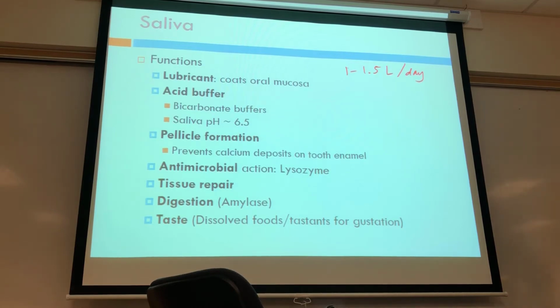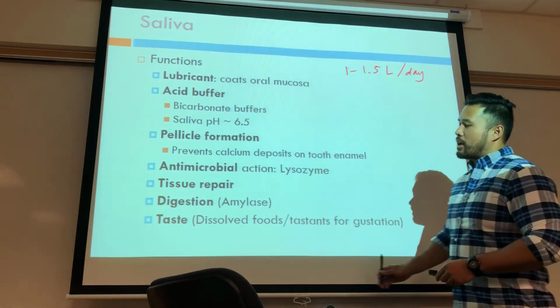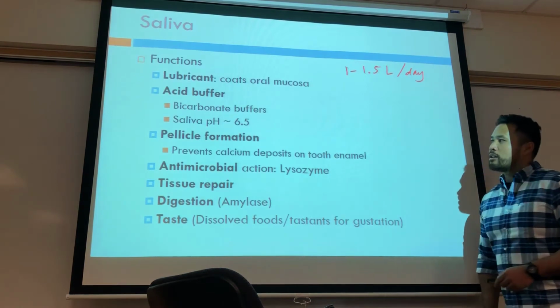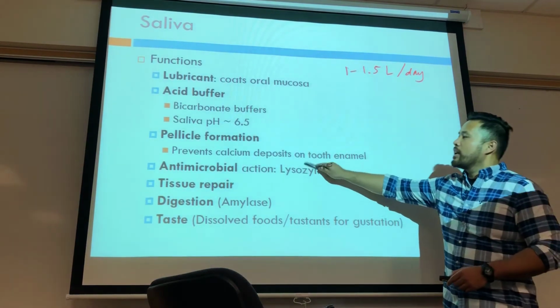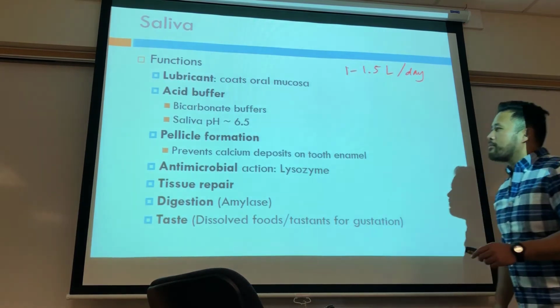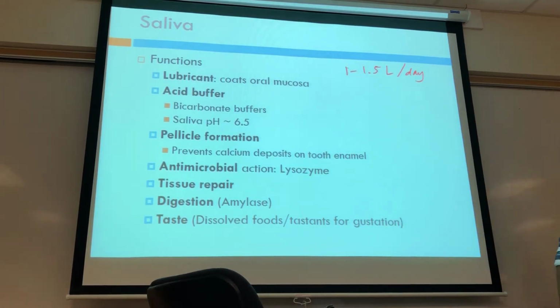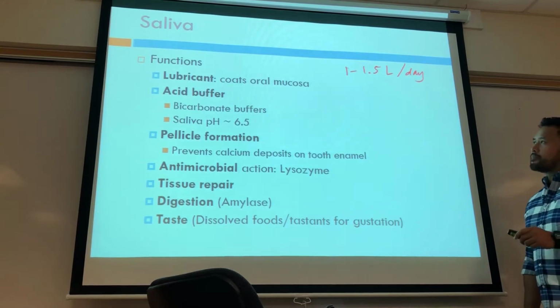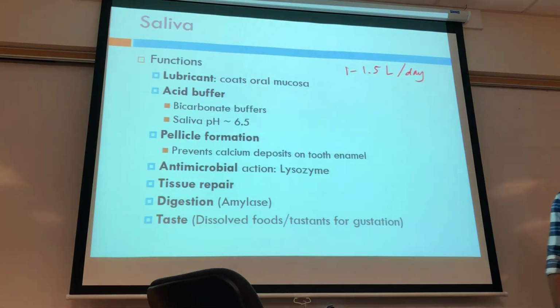Within that saliva, you've got a bunch of ions that can start to form calcium deposits. And saliva by itself actually has something that prevents the formation of those calcium deposits. But nonetheless, those that continually drink soda will produce more and more saliva. And eventually when you exhaust the buffering capacity of saliva, that's where the pH of your mouth starts to drop and can cause the breakdown of enamel.